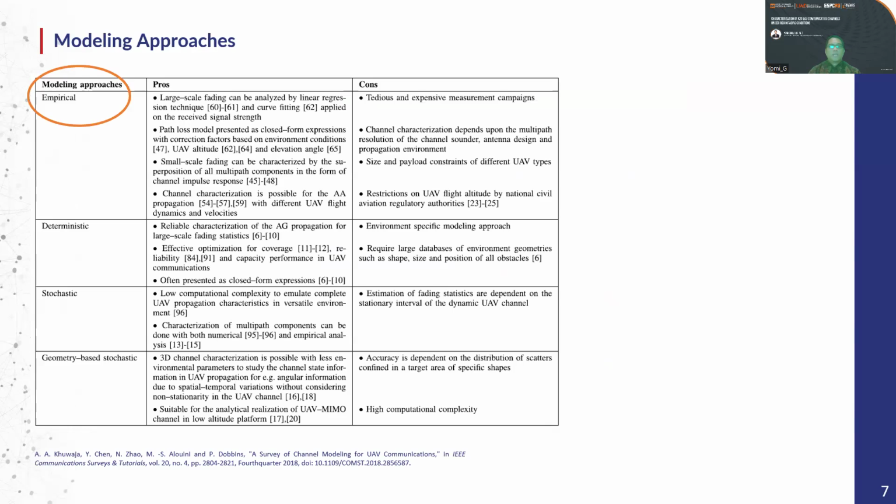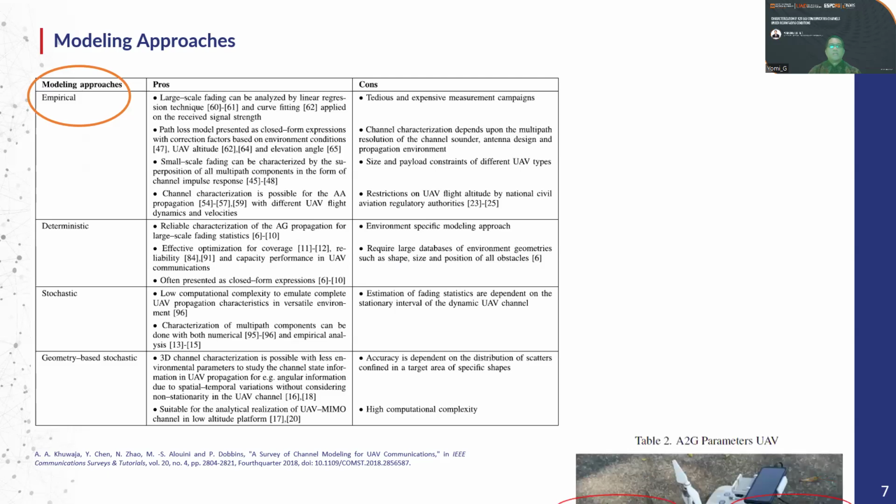In addition to empirical modeling, there are other approaches such as deterministic, stochastic, and geometry-based stochastic models. Each of these approaches has its own strengths and weaknesses, depending on the complexity of the environment and the dynamics of the observed UAV channel.